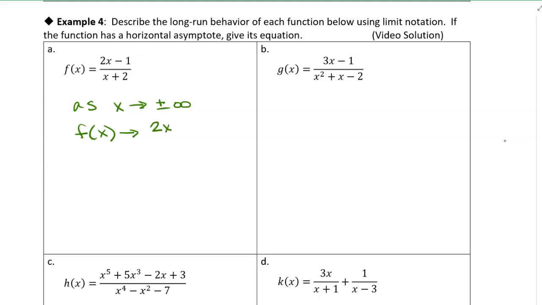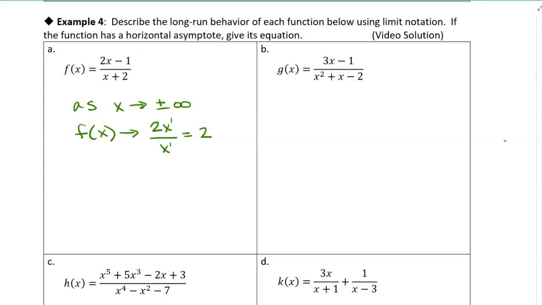The highest power of x is x to the 1. And the leading term of the denominator is just x, again x to the 1. Now you look at that ratio, and those x's cancel as long as x is not 0, so it seems that it goes to 2.